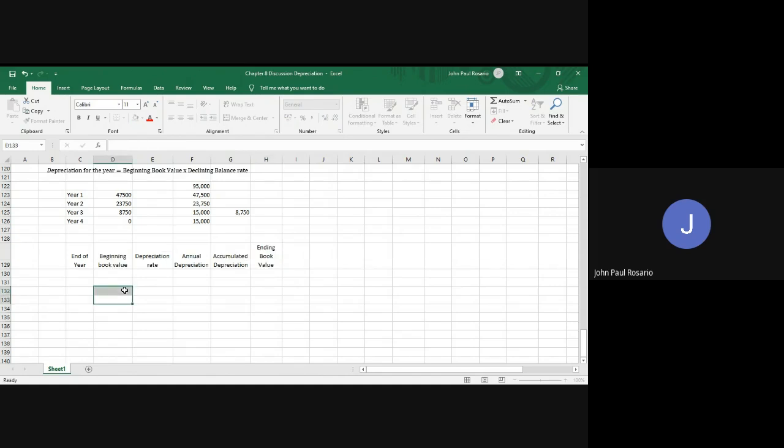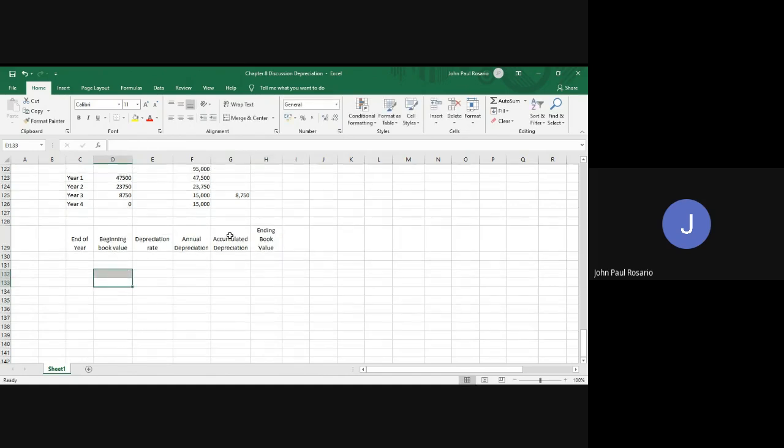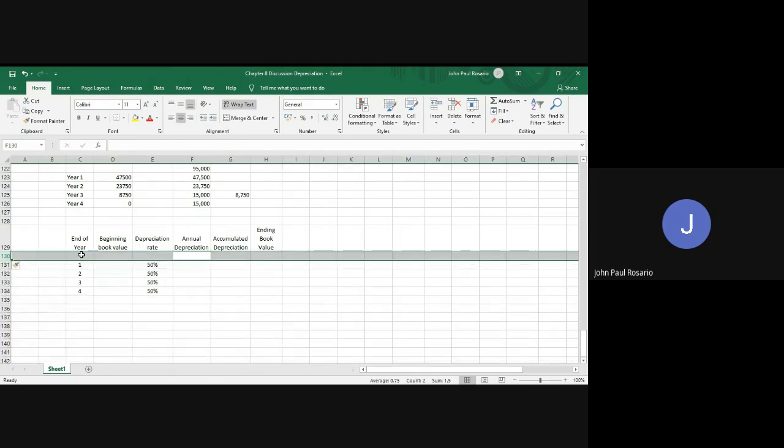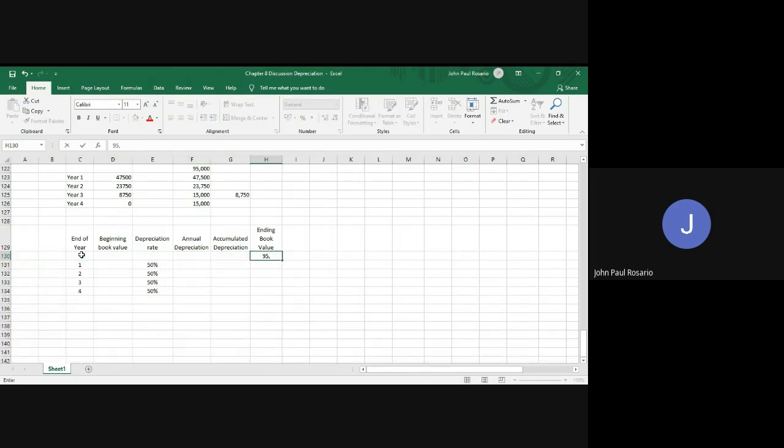Okay. With this, let's start building up our schedule. So 1, 2, 3, 4. Our depreciation rate is 50%. And I forgot to add another line, so that's 95,000.